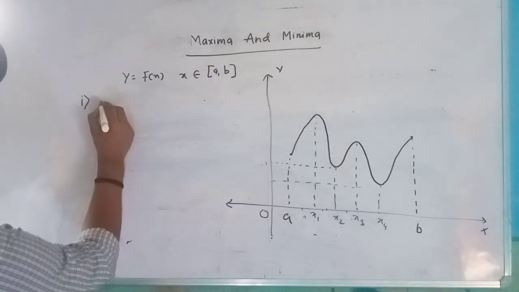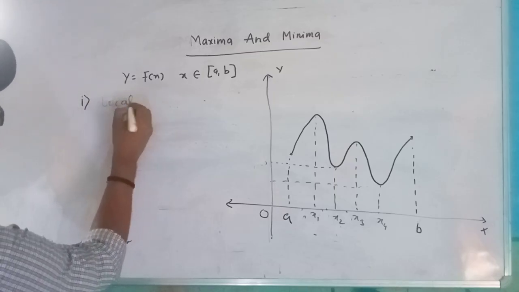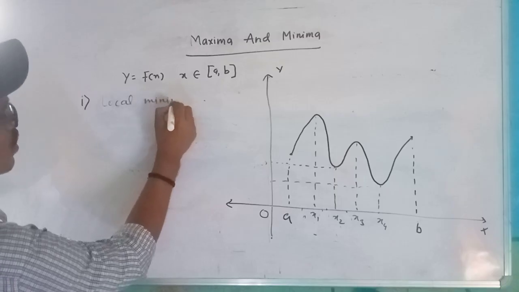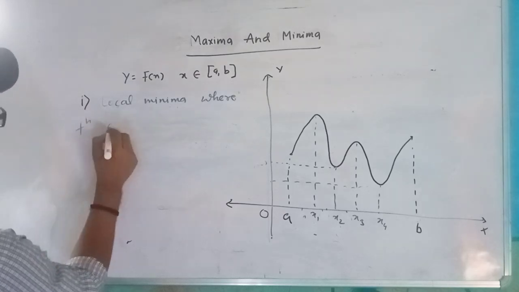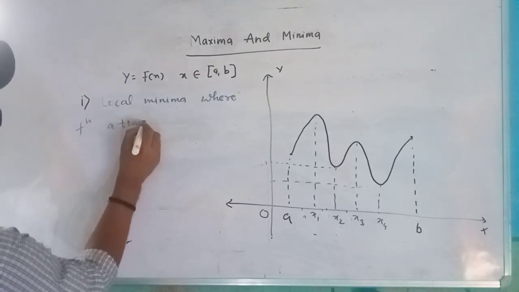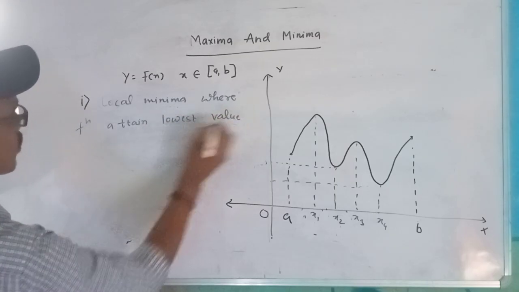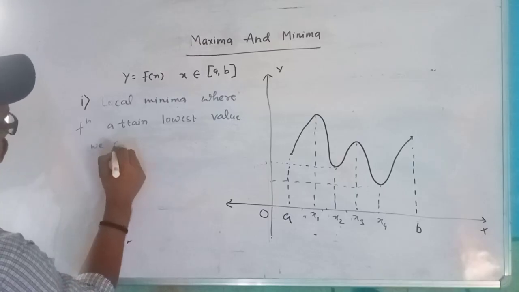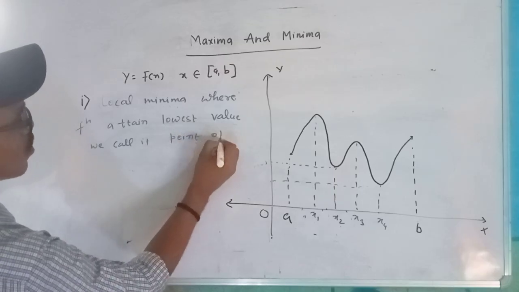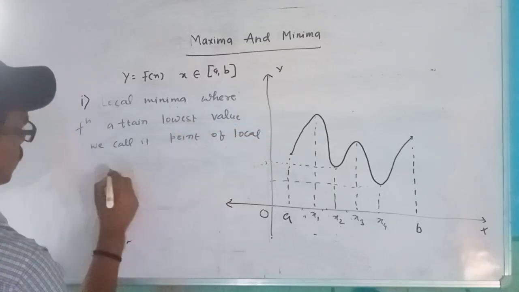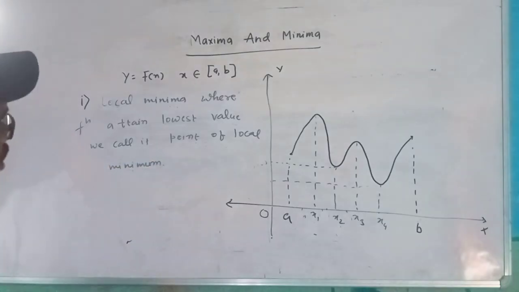So the local minimum where the function attains the lowest value, we call it the point of local minimum.